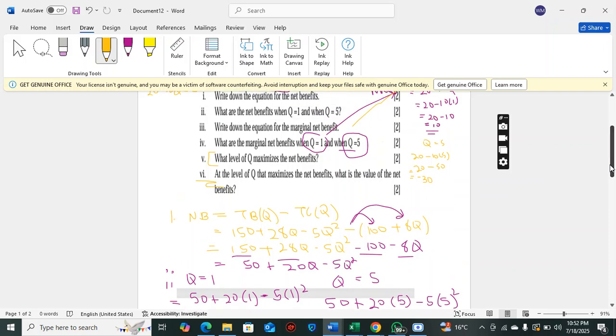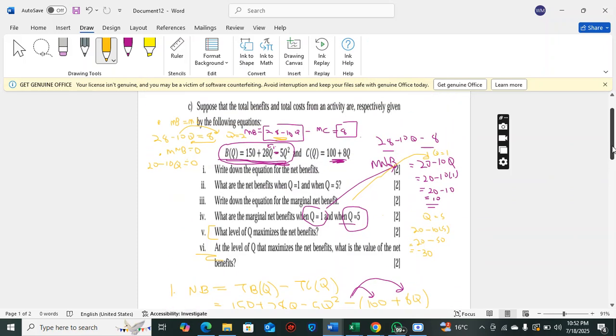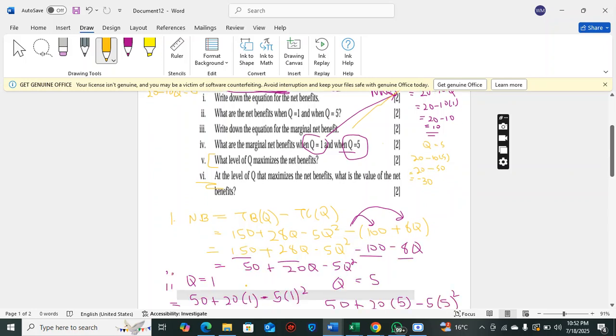Let's see. The net benefit equation, what I put. Oh, here it is: 50 plus 20Q minus 5Q squared.